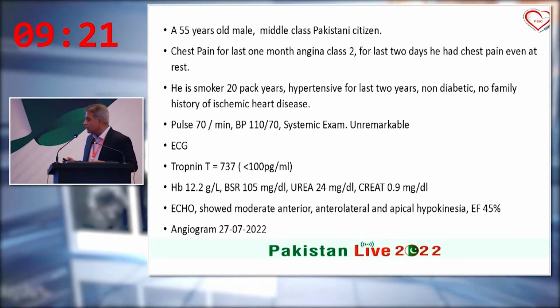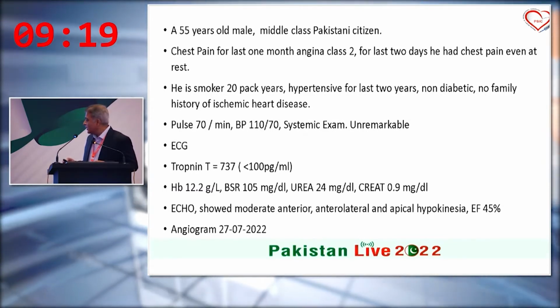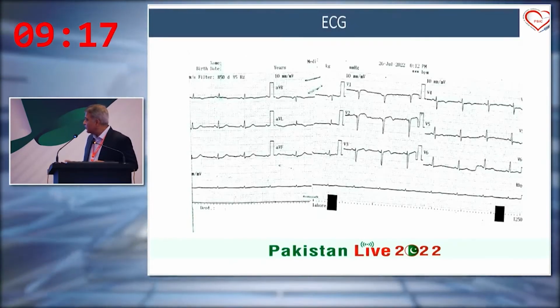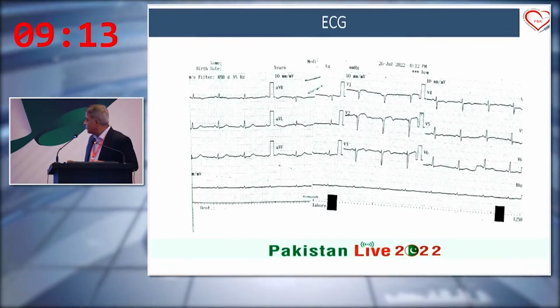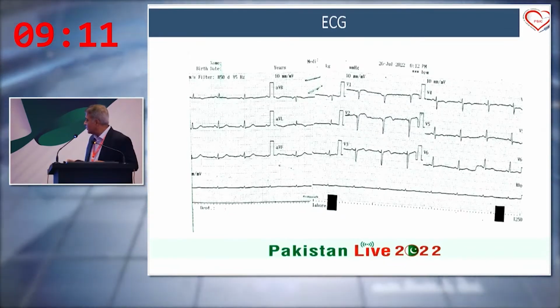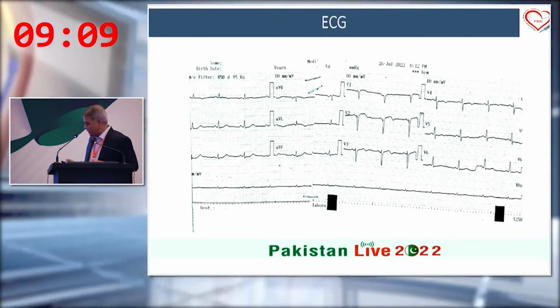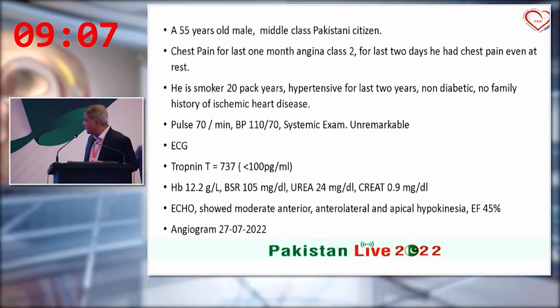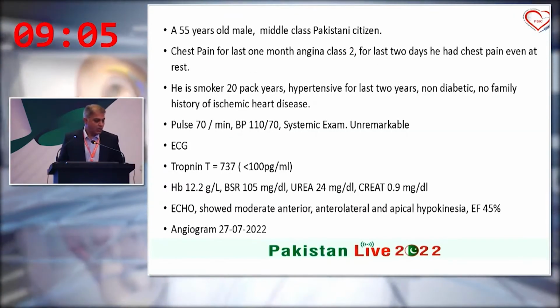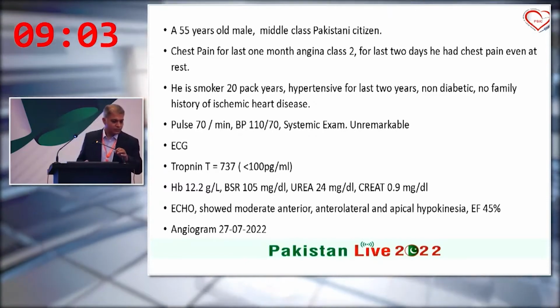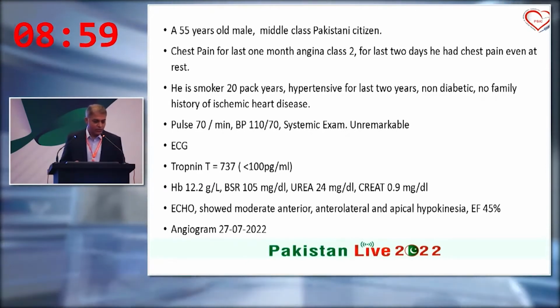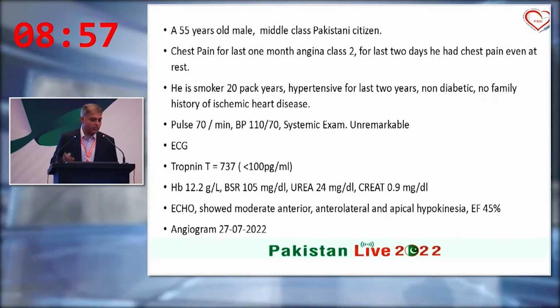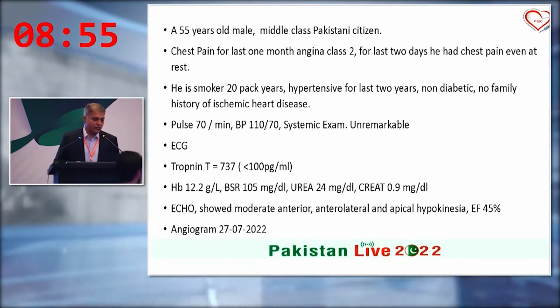The patient was hemodynamically stable, and his ECG showed loss of R wave from V1 to V2, biphasic T waves from V1 to V4, and blood tests showed troponin levels significantly raised, up to 7 times.